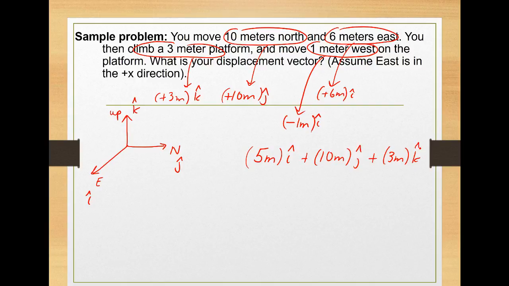direction. So what we say is that this is our displacement vector, and this is made up of 3 components, rx, ry, and rz, which are typically multiplied by the unit vectors. So that's how that looks.